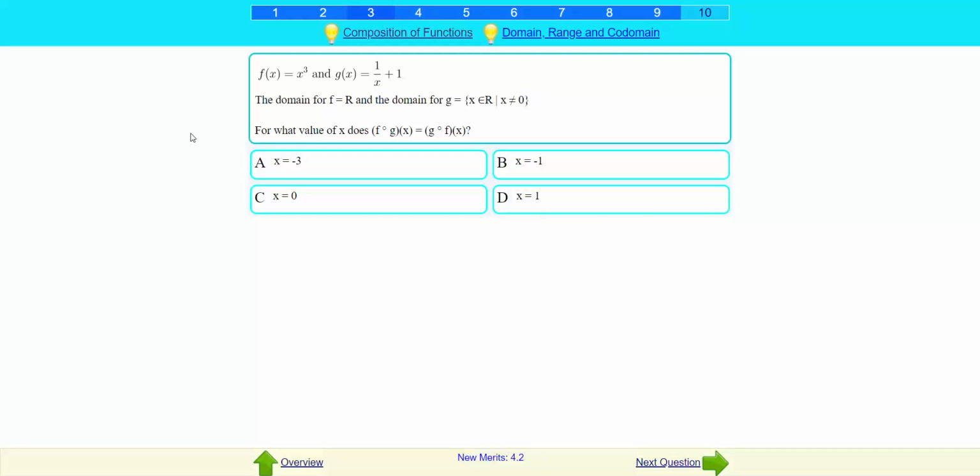Now when you solve for both, you need to decompose the cubic part here. It's like you applied it thrice, multiplied 3 times: 1 over x plus 1, 1 over x plus 1, 1 over x plus 1. So there's a function to decompose.